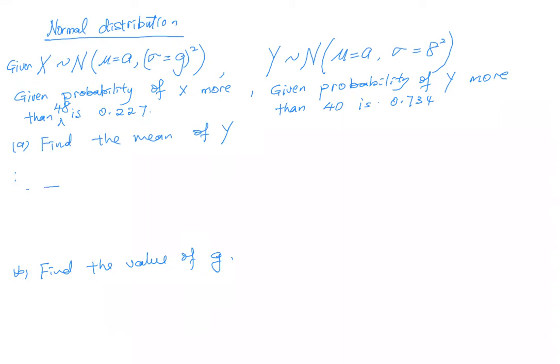Okay, so you have to have your X and the Z score, correct? It should be around here. More than is go to the right. This is 48, this is your Z1. I must use inverse norm.